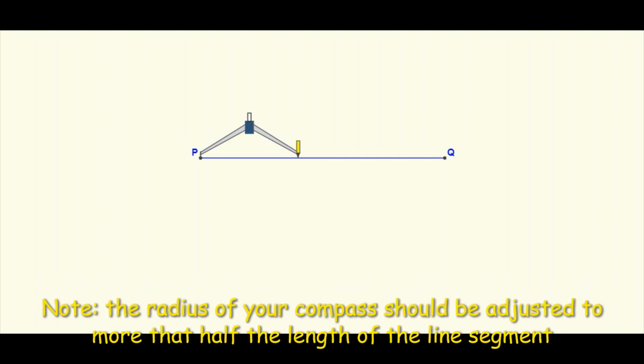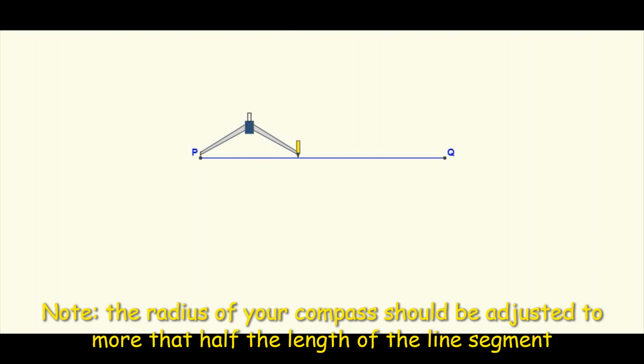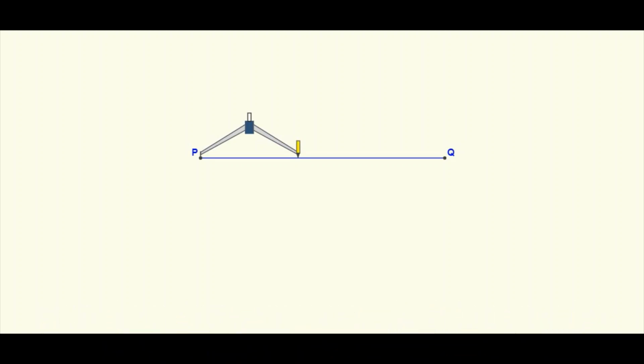So if it is less than half, it will not intersect each other. And if it is exactly half, they will only touch each other but not intersect. So ensure that the radius of your compass is adjusted to more than half the length of the line segment PQ. And this is how you would do it.